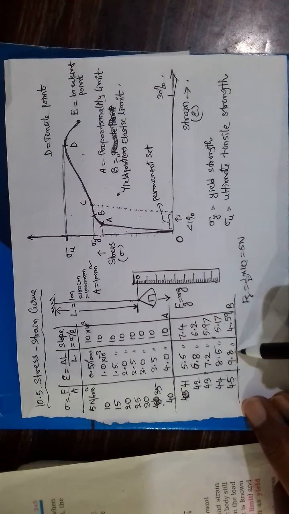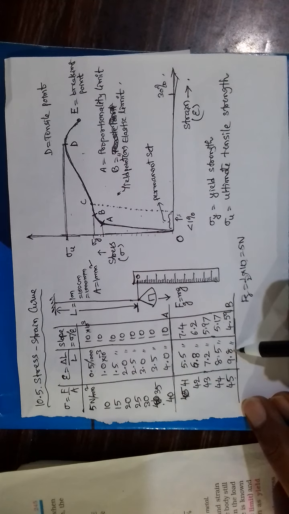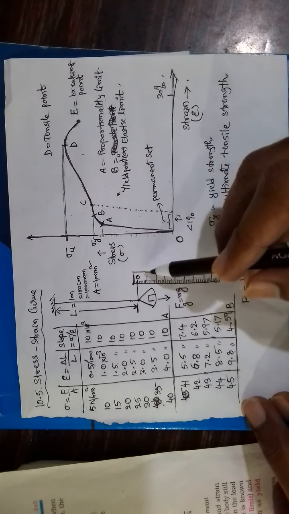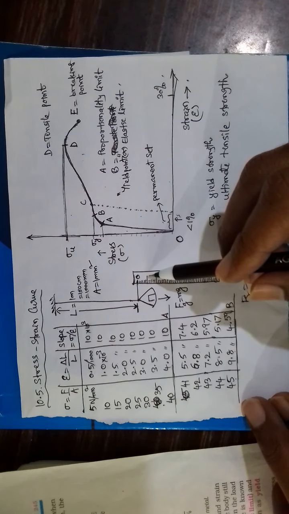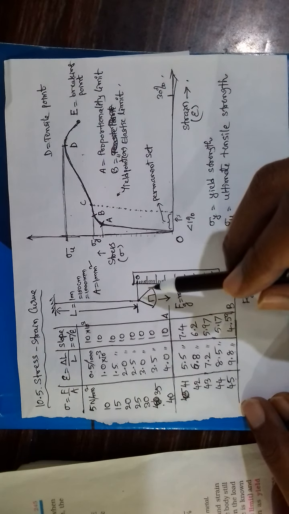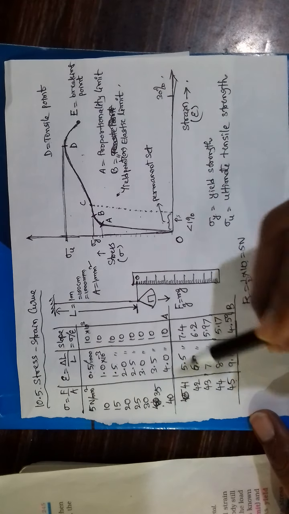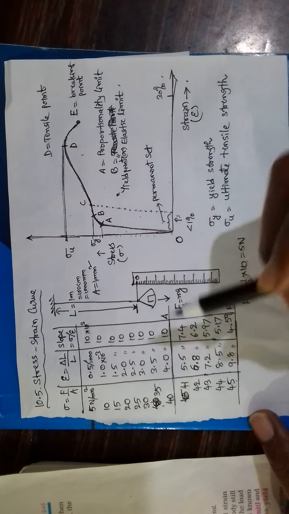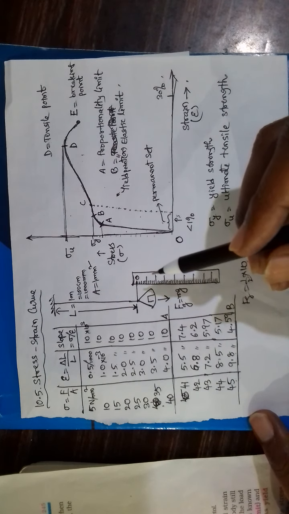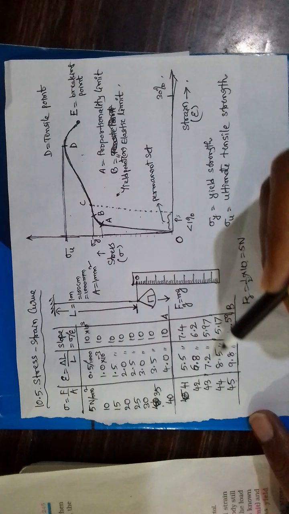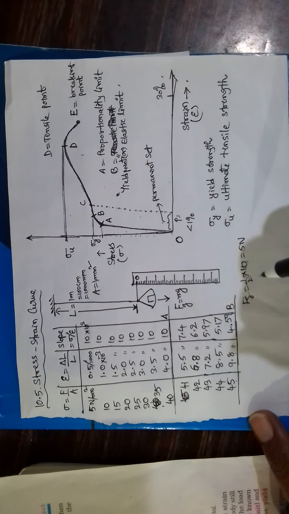Then this reading moves from 9.8 to 8.5. So here you should see on the scale whether it is 8.5 or not. If it is 8.5, see, by unloading, by decreasing the load, your wire regained its previous reading. It means it is elastic.